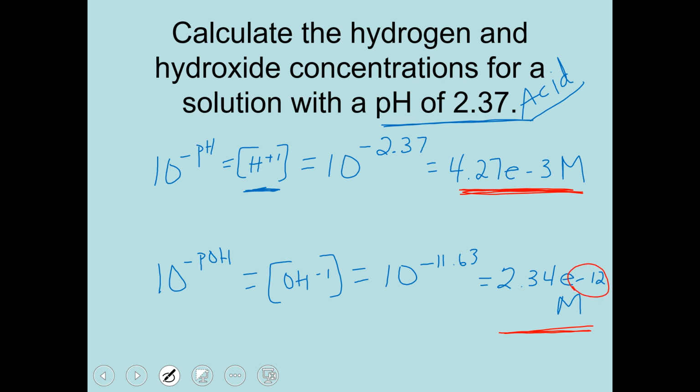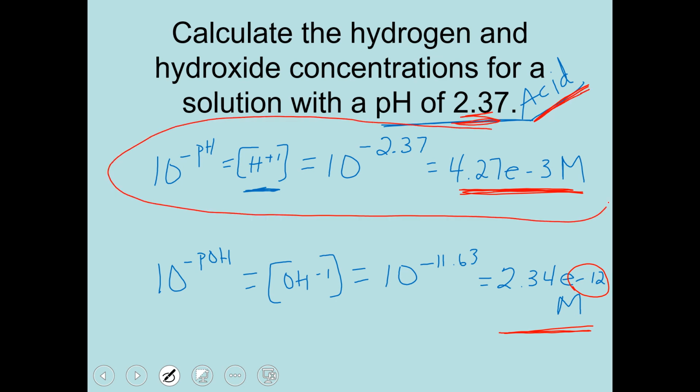So this makes sense. This solution is an acid, it has a low pH, and the hydrogen ion concentration is higher than, that's supposed to be greater than, the hydroxide. This solution has been verified to be acidic, okay?